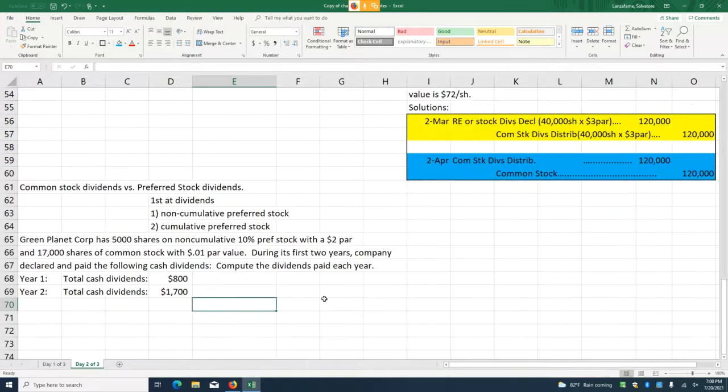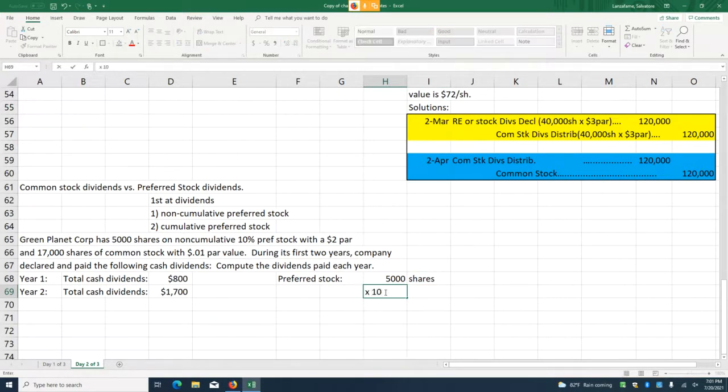So the steps involved are like this. We first want to figure out the preferred stockholders' portfolio value. So for preferred stock, we have to do the following math. We're going to take the 5,000 shares and multiply by the 10% and also by the $2 par.